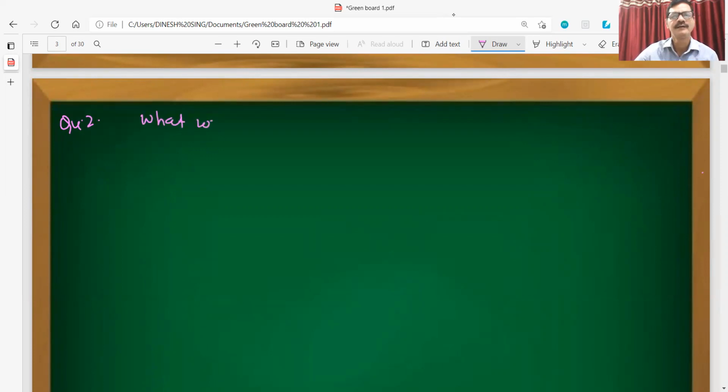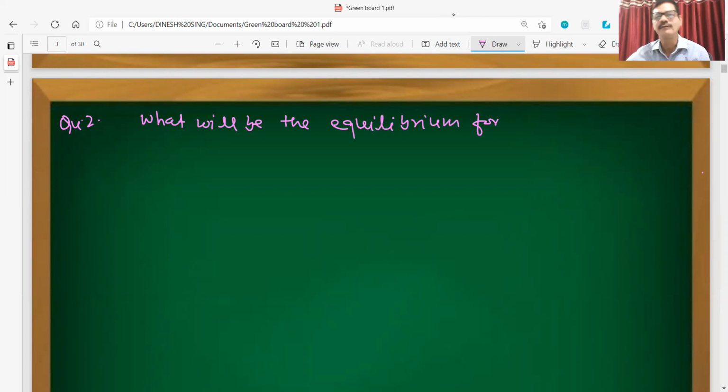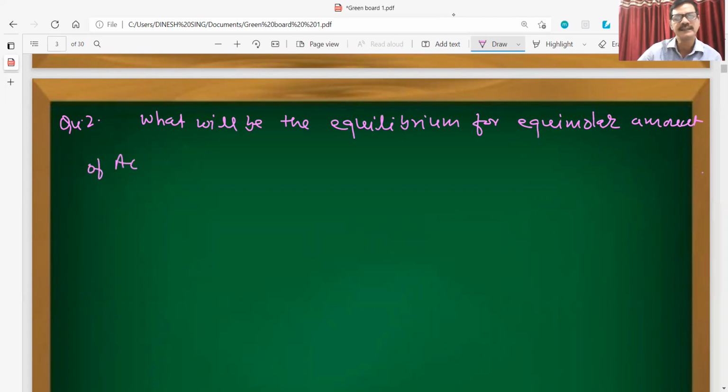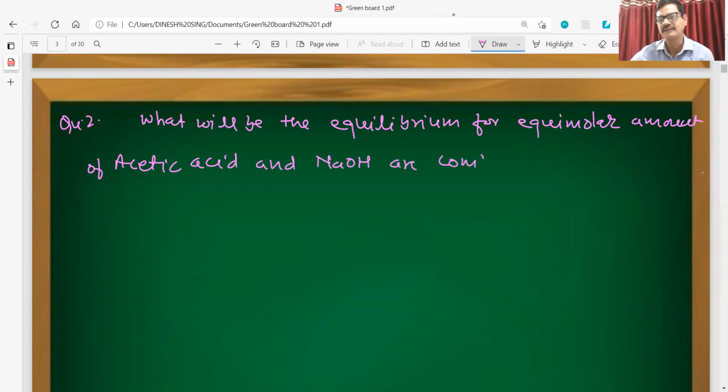What will be the equilibrium constant for equimolar amounts of acetic acid and NaOH that are completely reacted?